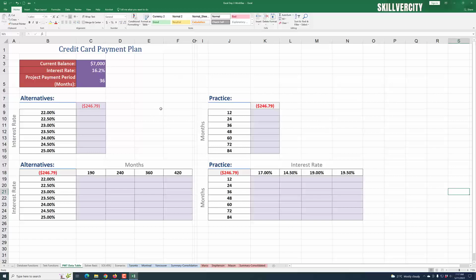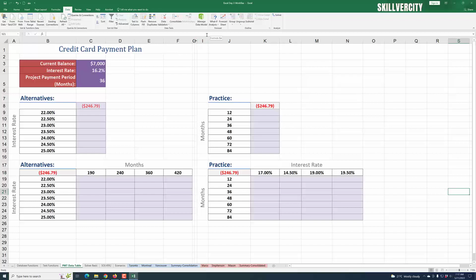In order to get to the what if analysis and the data table, as you remember from the last video, if you haven't seen it, please go back and check it. Click on the data tab, and on the right hand side where we have our forecast command group, you will find the what if analysis. Click on the drop down and click on data table.